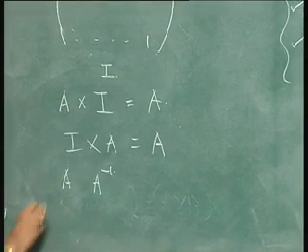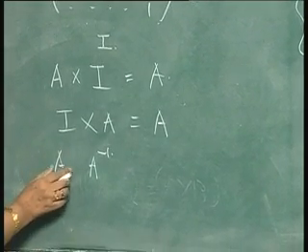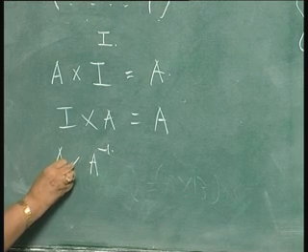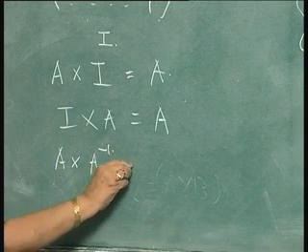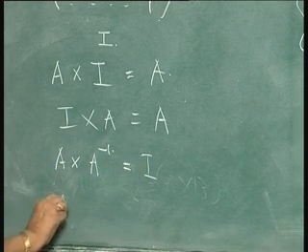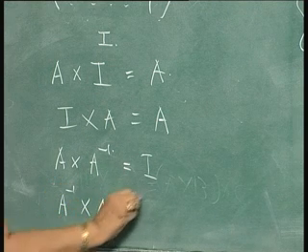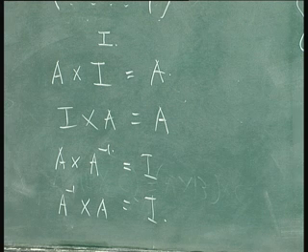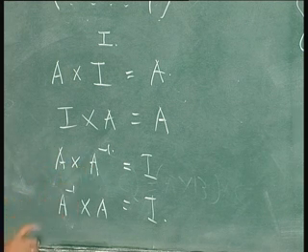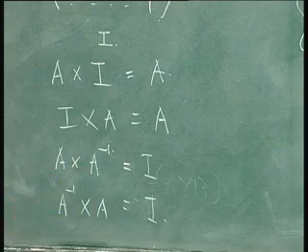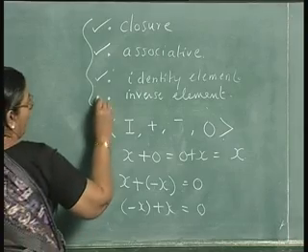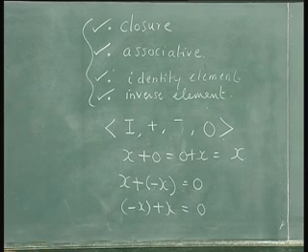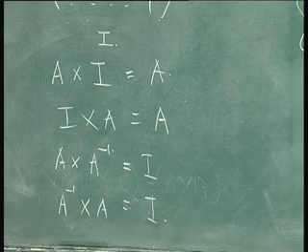We know that if A is non-singular, A inverse will also be non-singular, and A into A inverse will be equal to I, and A inverse into A will be I. So, for every non-singular n by n matrix, you have an inverse matrix such that the product is equal to I. All these 4 properties are satisfied, so this is an example of a group.